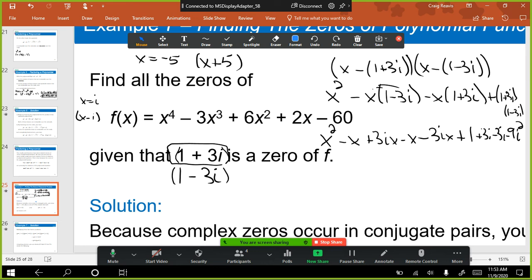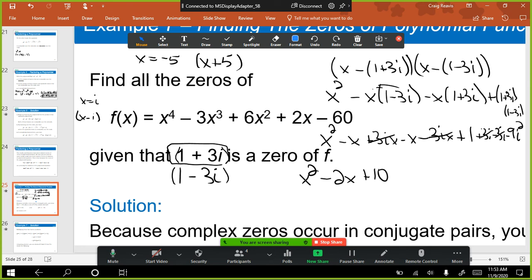Now, combine like terms. Notice 3ix minus 3ix, and then 3i minus 3i, that goes away, and I'm left with x squared. Is that the only x? x minus x is minus 2x. And then 1 minus 9i squared, negative 9i squared becomes positive 9, right? Because the i squared goes to negative 1. So that's 1 plus 9, which is 10.